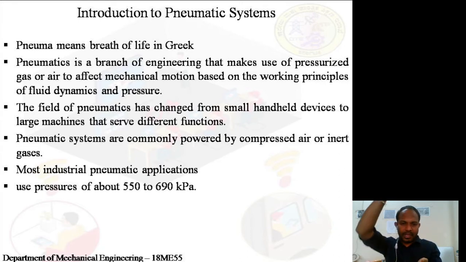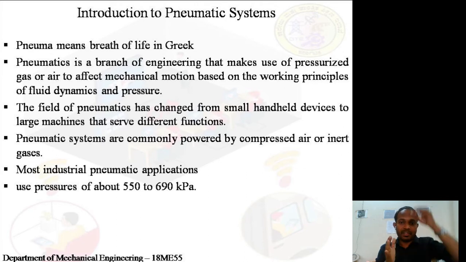The force exerted on a confined fluid will be distributed equally, uniformly, undiminished. That means if you are applying 10 newtons, all the corners of the fluid, the solid area which is in touch with the fluid, will experience the same 10 newtons.